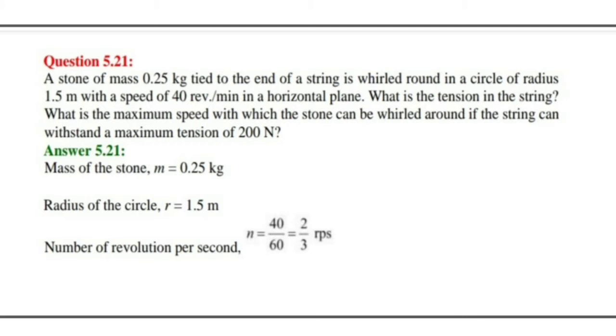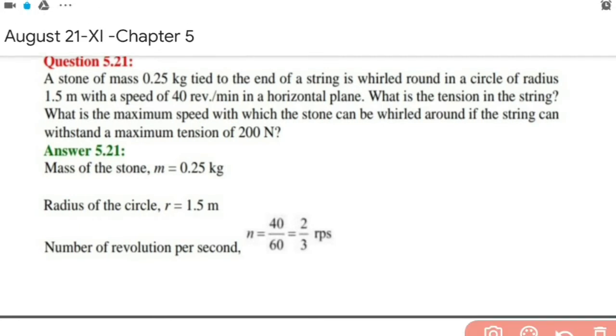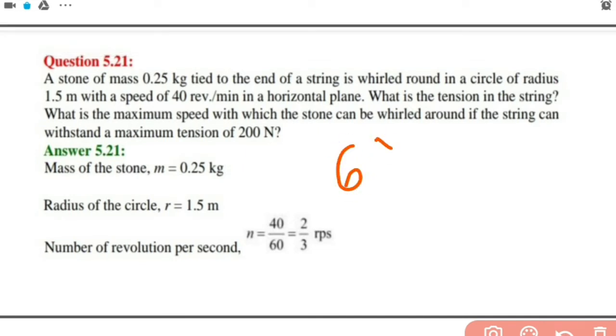Here, the frequency we can find from the data given. The speed is 40 revolutions per minute. That means in 1 minute, that is 60 seconds, there are 40 revolutions.